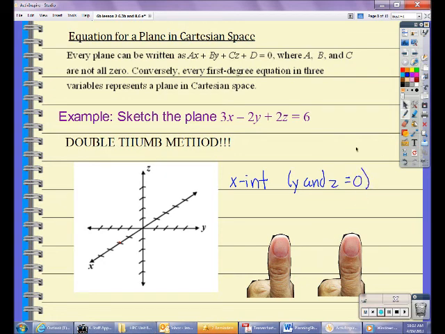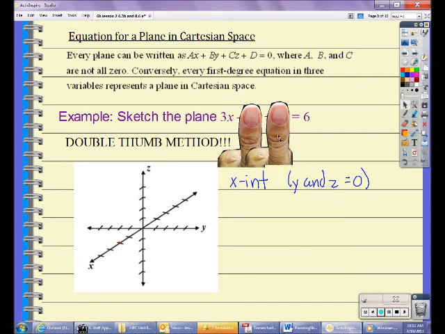So we cover them with our thumbs. 3x equals 6, so x equals 2. 2, 0, 0 is our x-intercept.